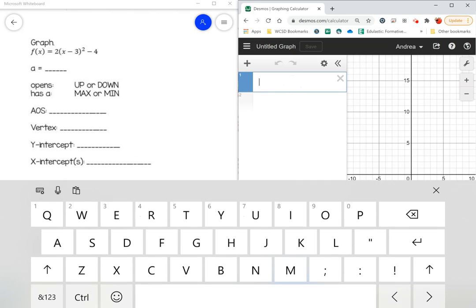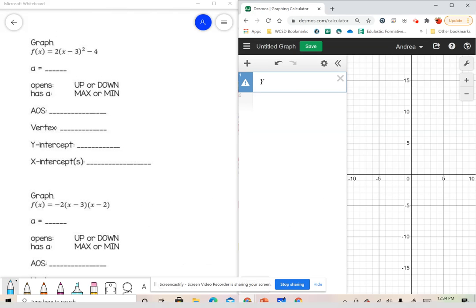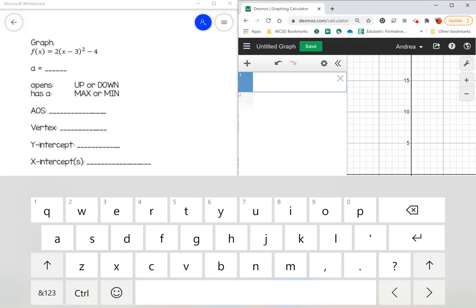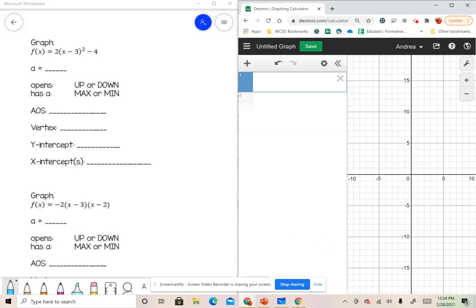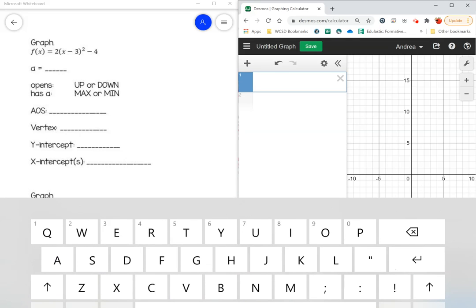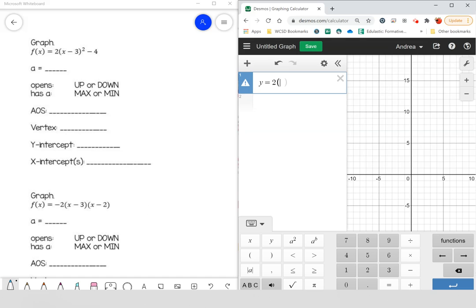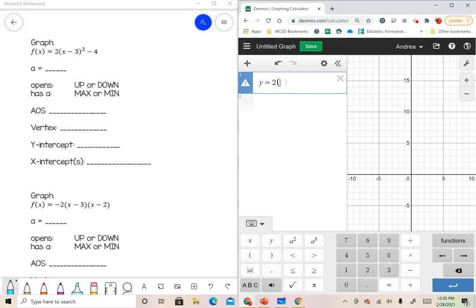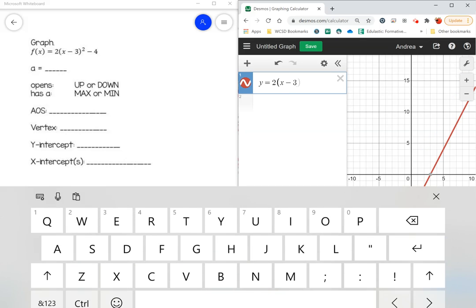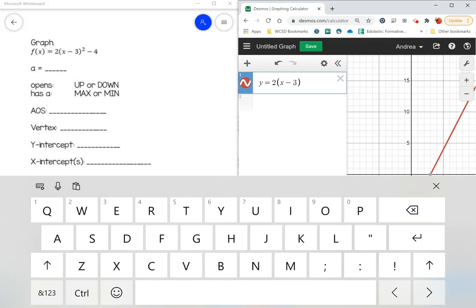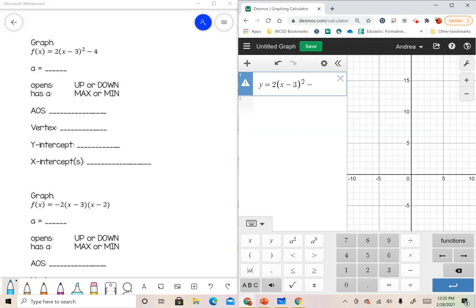So we're going to go to Desmos and we're going to type y, make sure it's not capital, y equals 2 parentheses x minus 3, close my parenthesis, squared, and then minus 4.